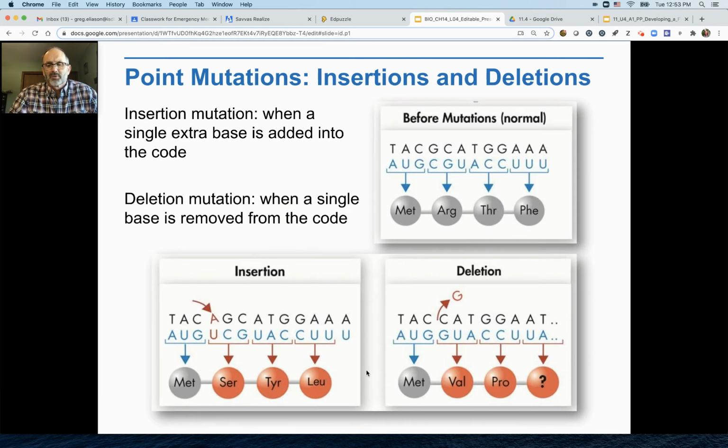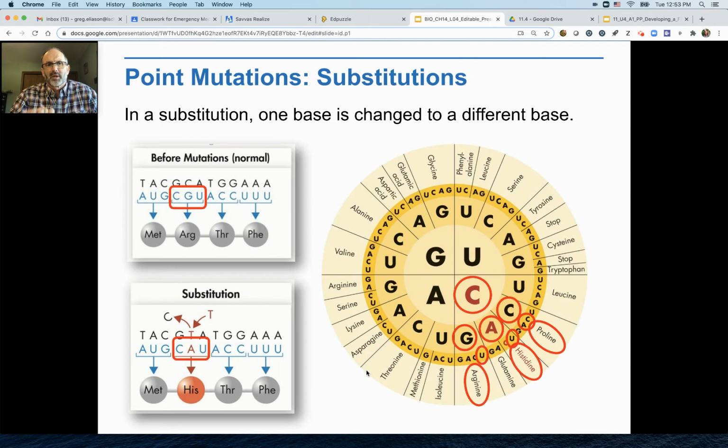Okay, so this is a point mutation substitution. So a substitution is going to have an effect typically on one amino acid. Now, know that it can also have no effect at all.